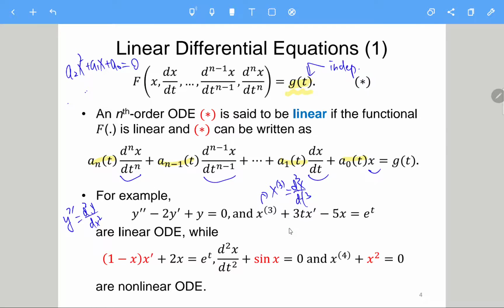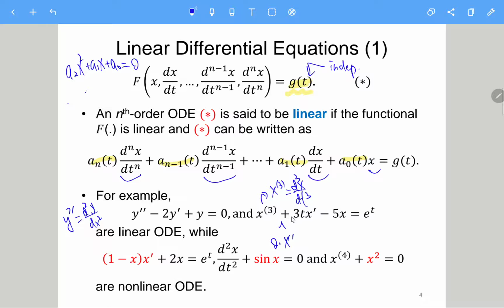We don't have x double prime, so it is like 0 times it. And this is not a constant anymore. It is 3t, but it is a function of the independent variable. So it is still a linear ODE, and for the original function, the coefficient is -5. So this is still a linear ODE.